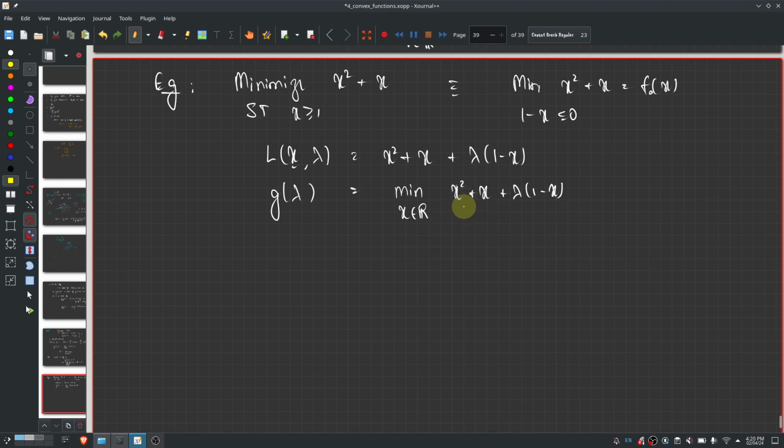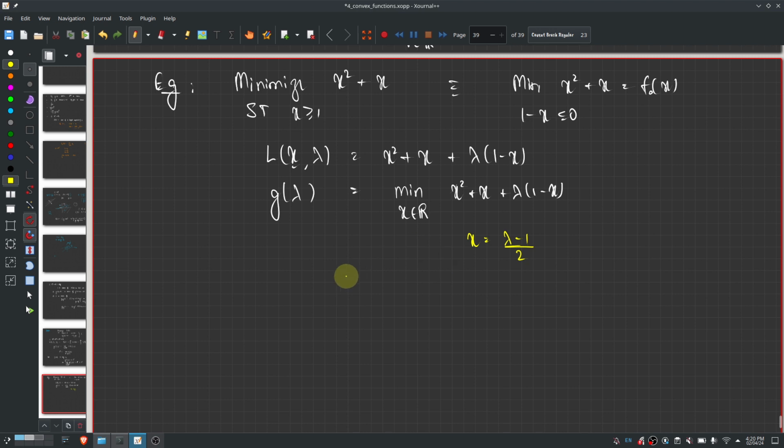So what do you get x equal to? Correct. Lambda minus 1 by 2.